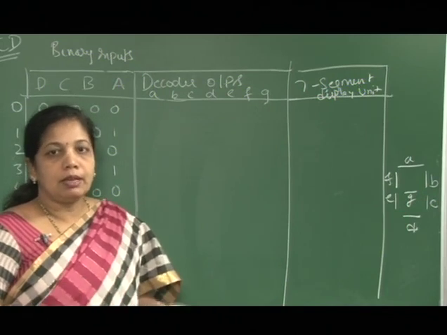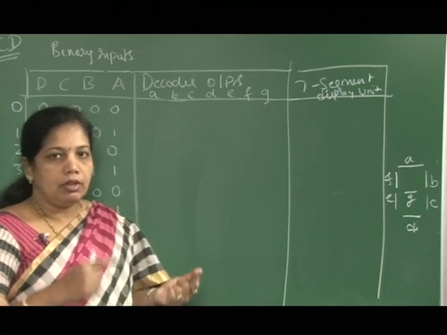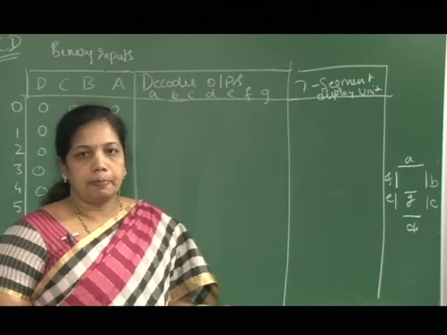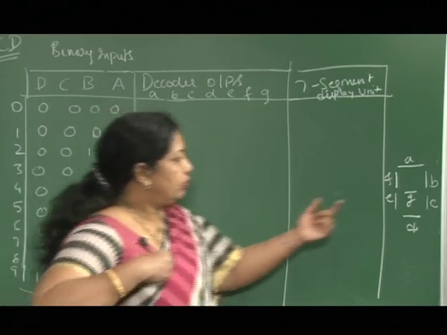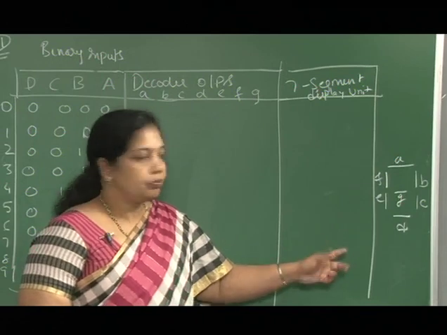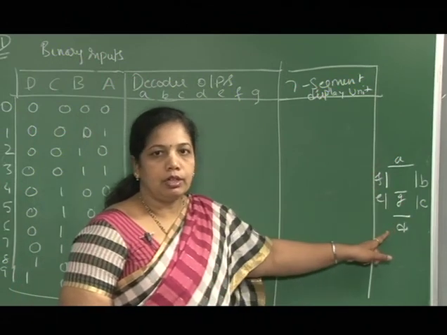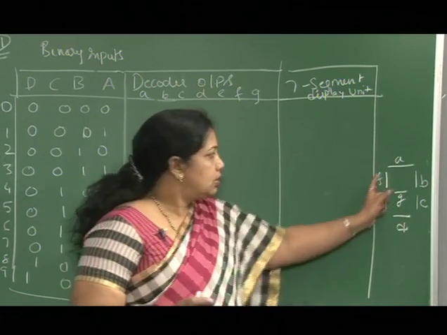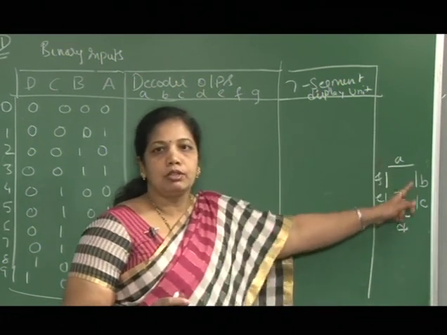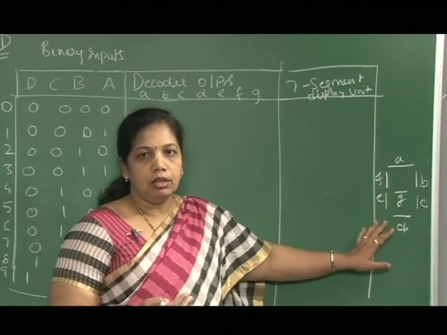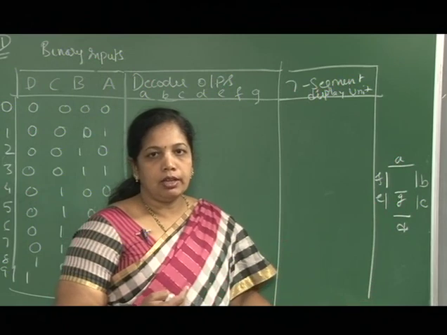What are the segments that should be on? We have 7 segments, which is nothing but 7 LEDs. Suppose I want to display 0, then what are the segments I should make on and what are the segments that I should make off?